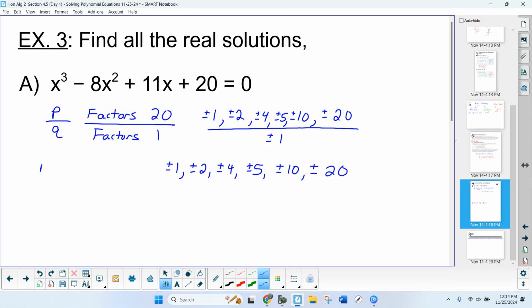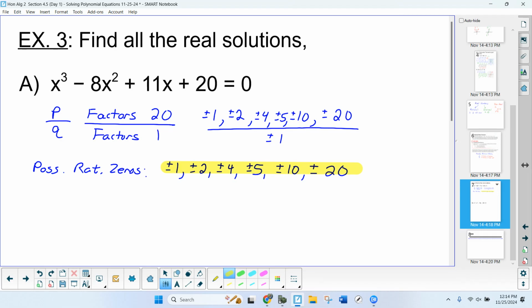So these are the possible rational zeros. Now, when I was in school a million years ago, we didn't have graphing calculators. So we would have to check and see if these were a zero.